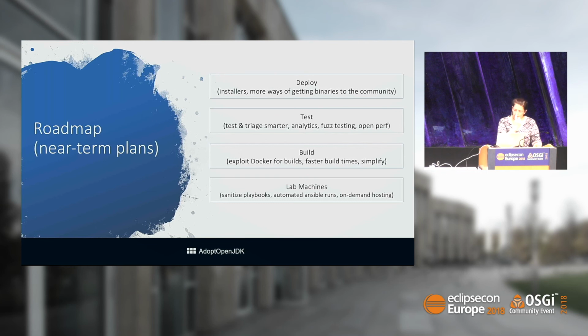For build, we want to actually exploit Docker for builds, partly to remove some of the unknowns from our lab machines. We also want to improve our build times to make them run faster, because the faster things run, including testing, the more we can do.